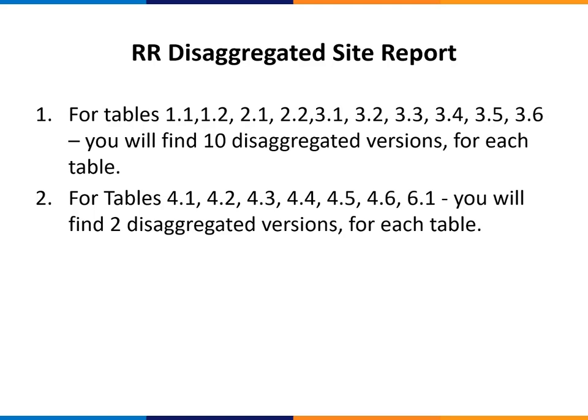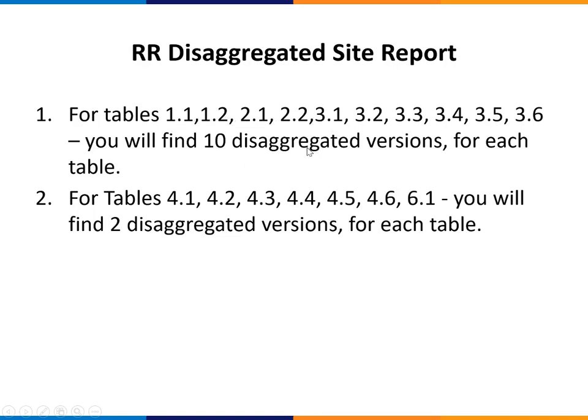All right, now in your disaggregated report, you will find disaggregated versions of tables 1.1, 1.2, 2.1, 2.2, 3.1, 3.2, 3.3, 3.4, 3.5, 3.6. These are tables from your standard report. You will find disaggregated versions of these tables in your disaggregated report, and there are 10 versions of each of these tables.